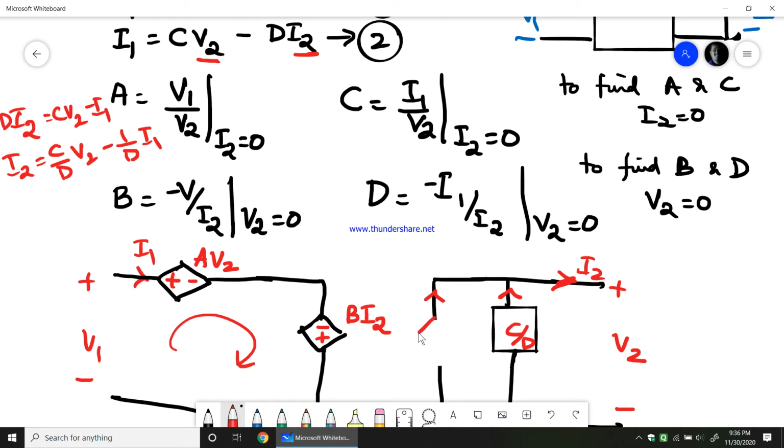This should be a dependent source only, where the current should be in the reverse direction because I need minus 1 by D into I1.